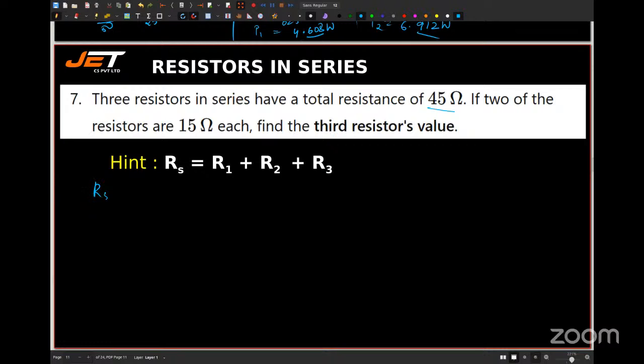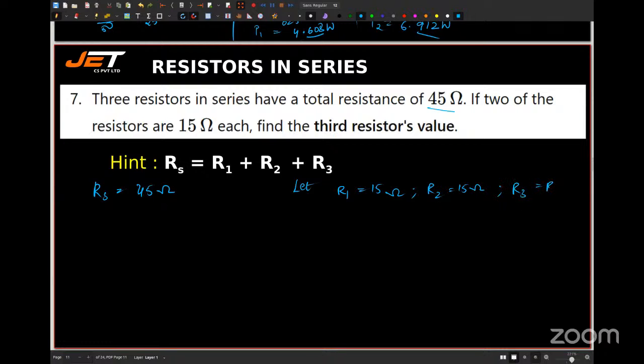RS is given. RS is 45 ohms, and two of the resistors are given. Let R1 equal 15 ohms and R2 equal 15 ohms. We need to find out what is R3.